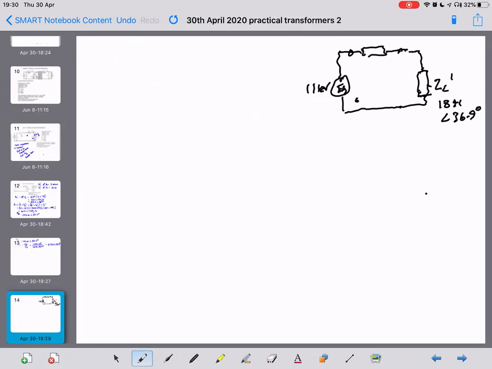And we've calculated the current I as 5.75 amps angle minus 37.4 degrees. I'm going to neaten that up a bit. Can't really see that.